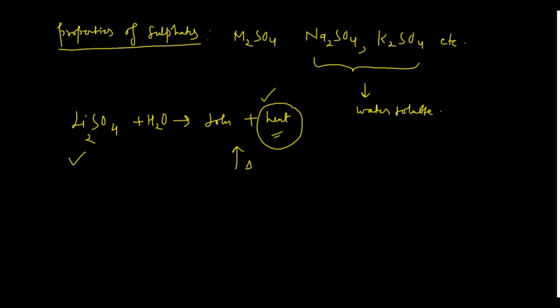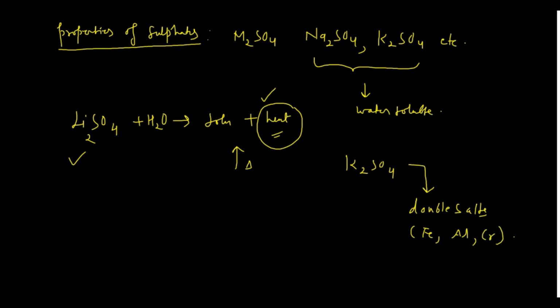Okay, and another very important thing is that these alkali metal sulfates, if you have say K2SO4, have a very strong tendency to form double salts. They can form double salts along with iron, with aluminium, and you may take chromium also, right?